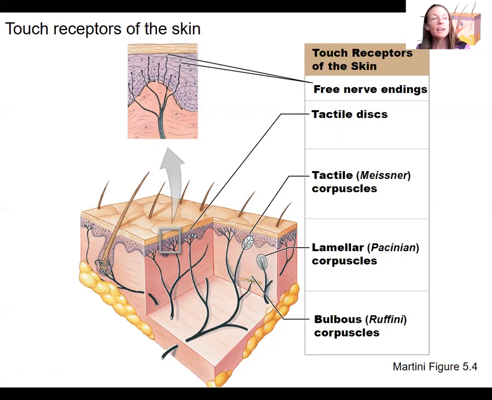In all cases, the stimuli are going to result in an action potential that's sent to the central nervous system. We'll come back to that after we talk about the central nervous system. But it's important, I think, just to note here, these are all within different levels of the skin from the epidermis down to the dermis and allow us to sense things in our environment.